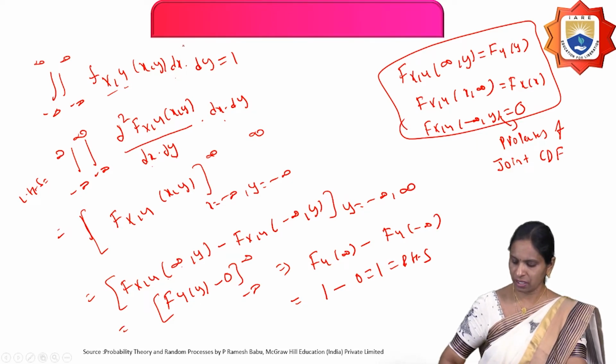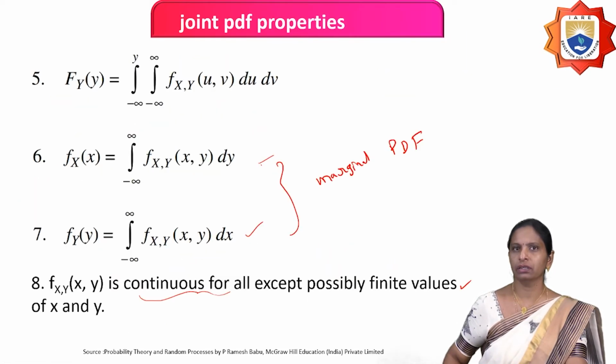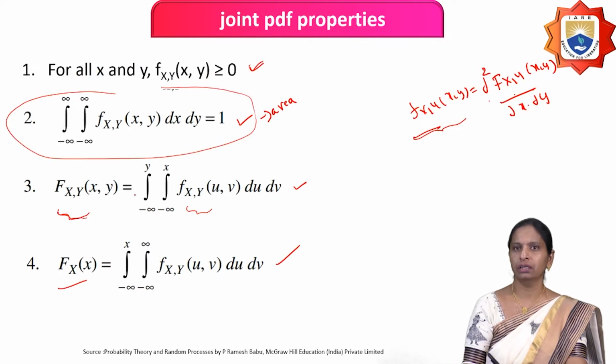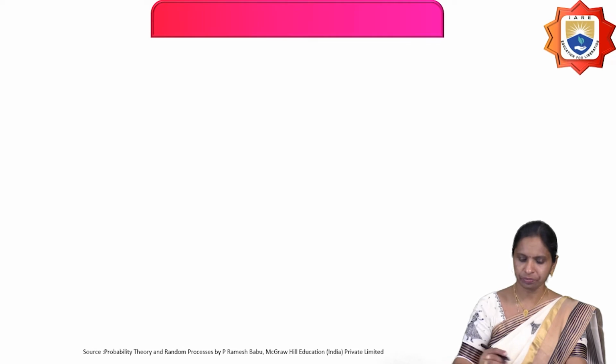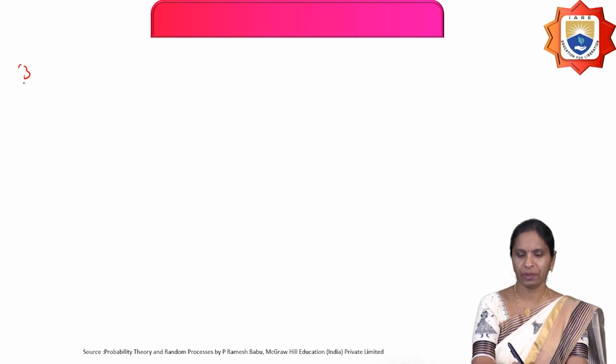And what is the next property? The third property is what? The joint distribution function can be obtained as the integration of the joint density function over the limits from minus infinity to x and minus infinity to y. So let us prove this property. So what is the third property here?